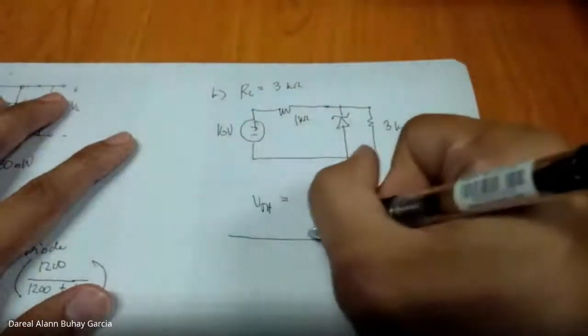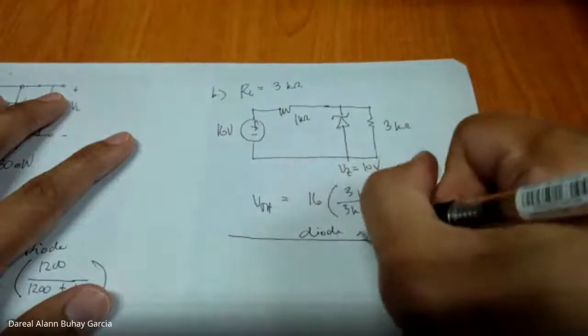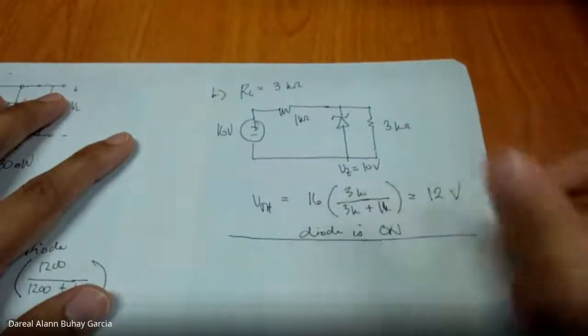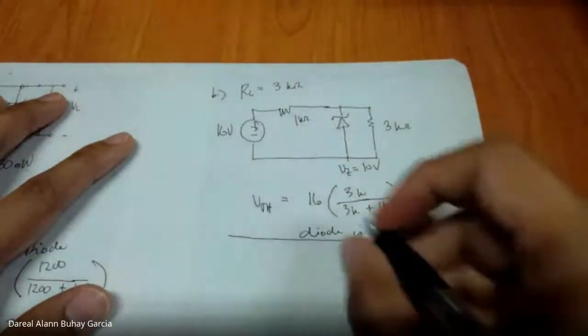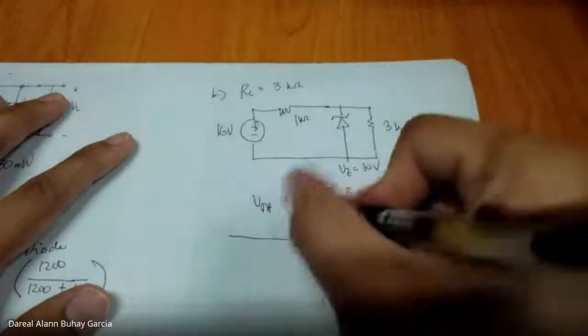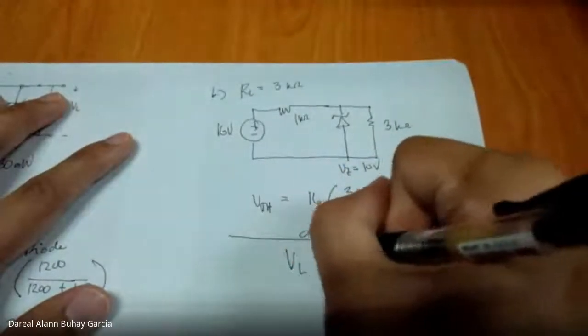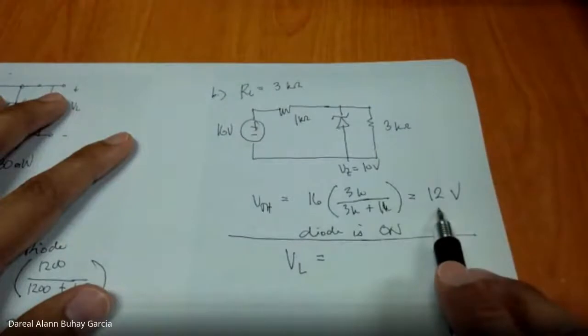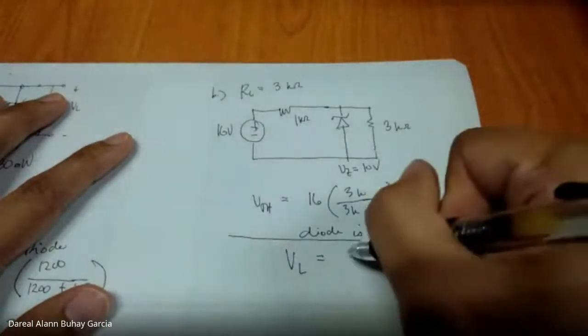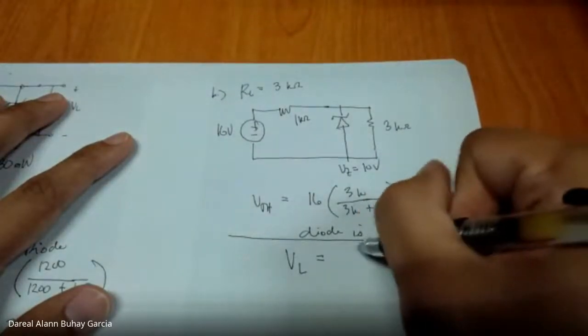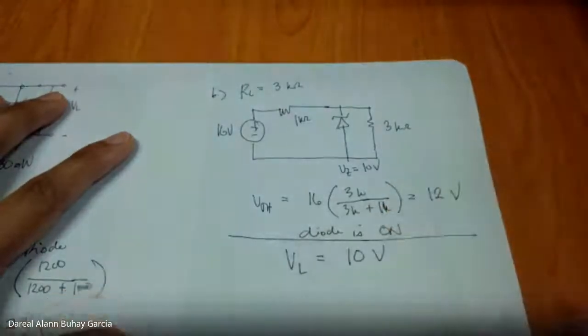So therefore, diode is on. No? So di natin i-solve si VL. VL is automatically equal to, not this one, no? Delete na 12 volts, but VL is automatically equal to 10 volts. Okay?